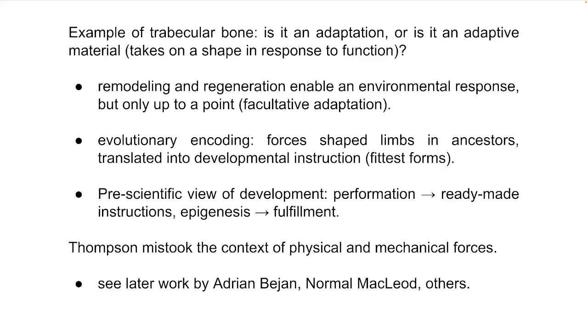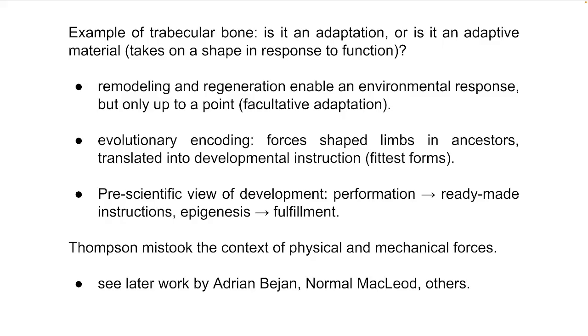Now, D'Arcy Thompson gives an example in his book about how some biological structures are maybe not the product of evolution. And so he talked about an example of the trabecular bone. So trabecular bone is a specific type of bone in the body. He talked about it as kind of being this thing that grows in response to function.